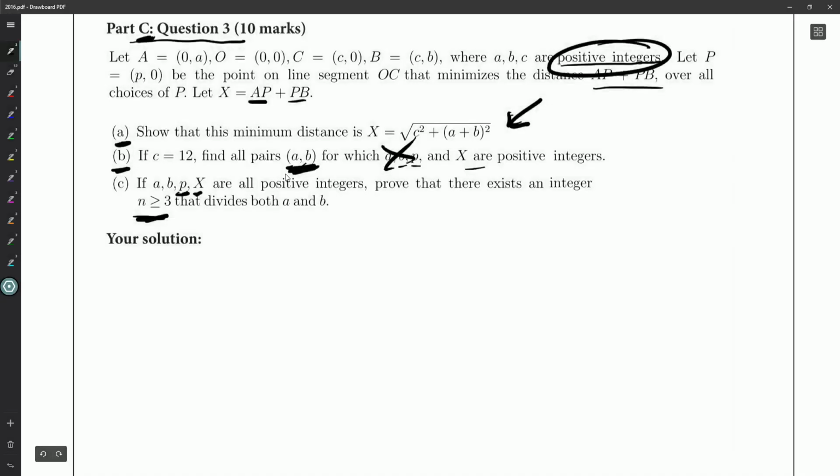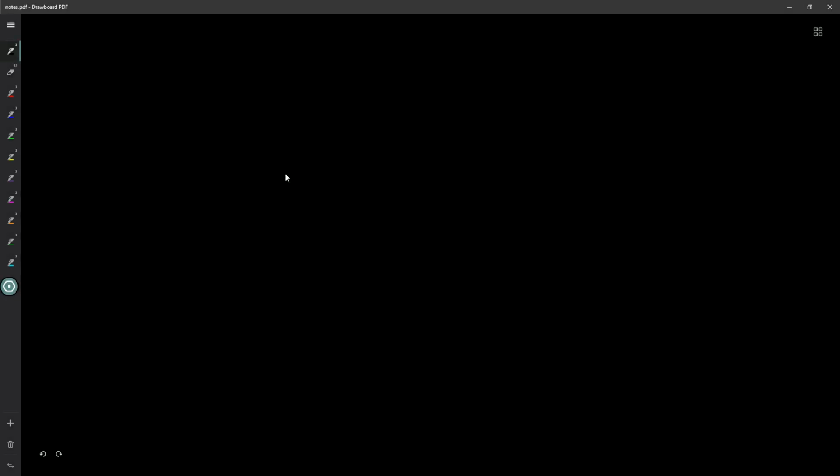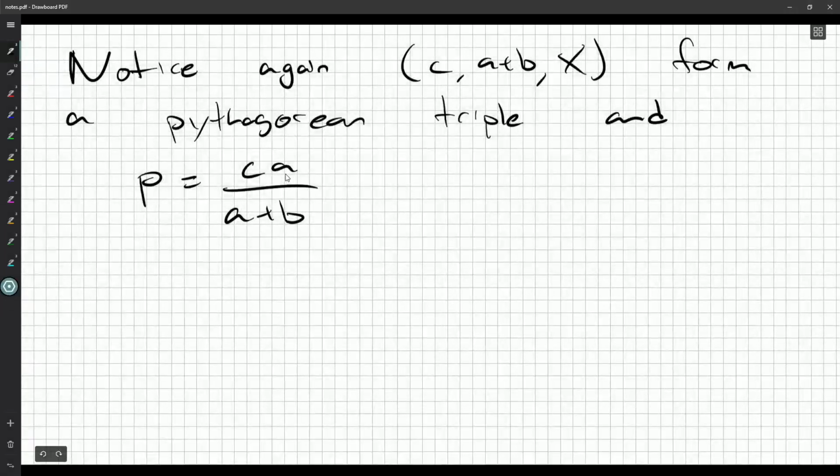But there exists an integer n greater than or equal to 3 that divides both a and b. Interesting. So, what can we say? Well, actually, I'm a little stumped here.